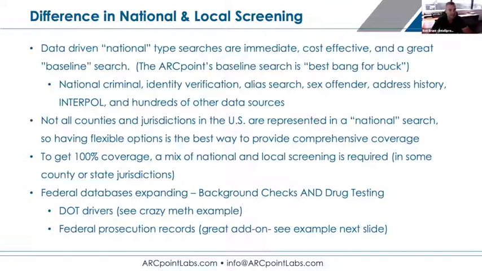I think we've already talked about the second bullet point, and we've talked about the third. So the federal database is expanding for background checks and for drug tests.